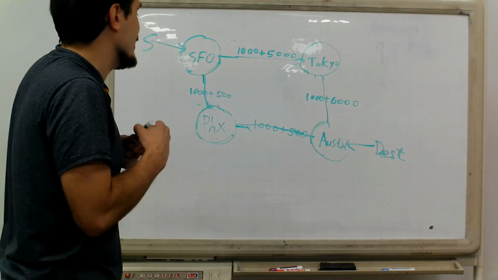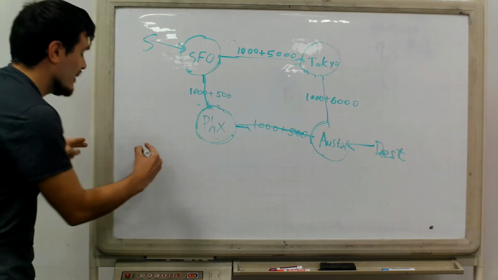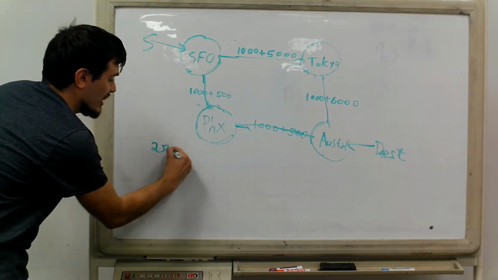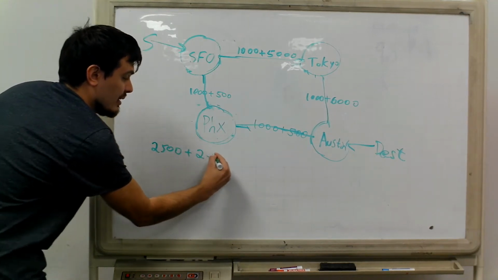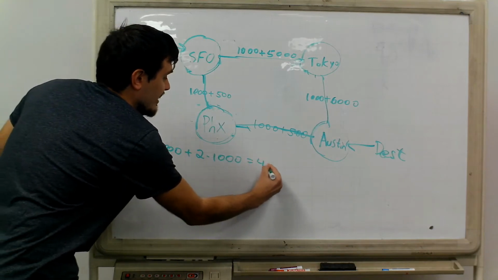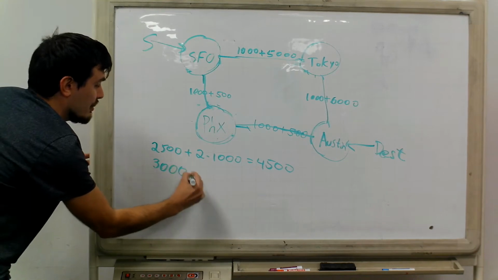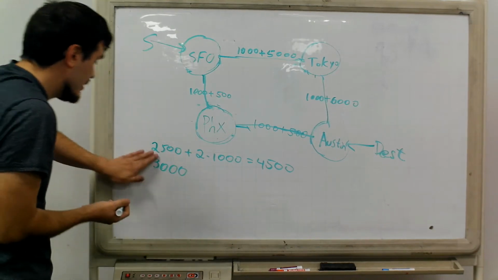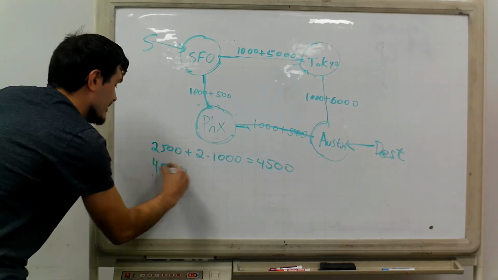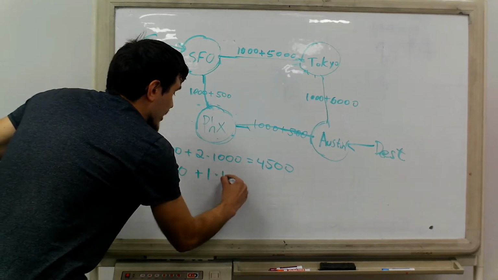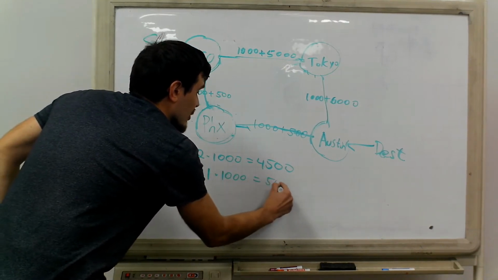So then it means that, let's say you have one path that has 2,500 miles and 2 hops, it'll have some cost like this. And if you have a path that is only 1 hop, but 4,000 miles, then that will actually be seen as inferior.